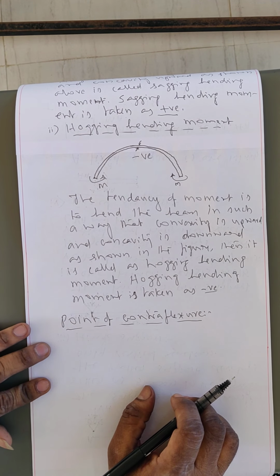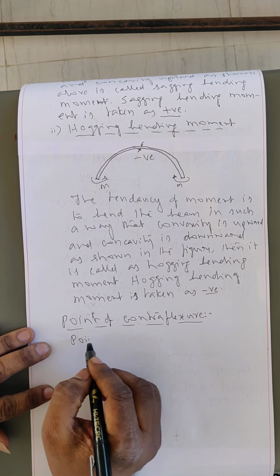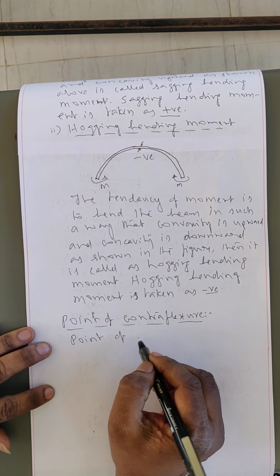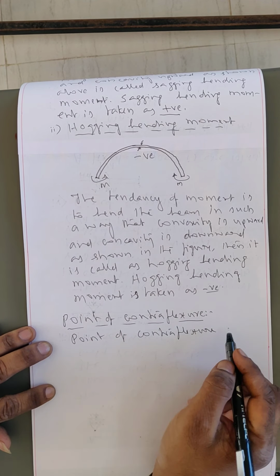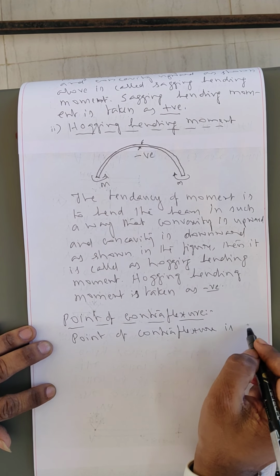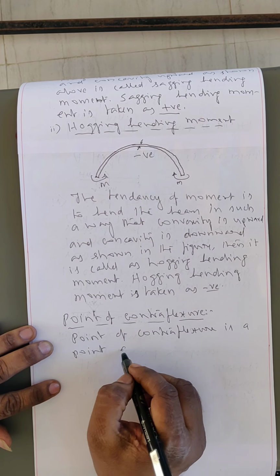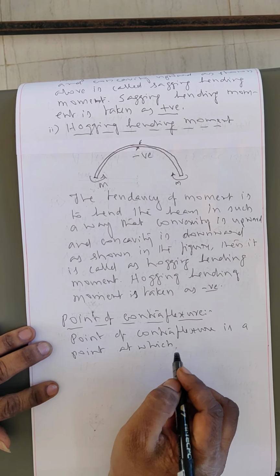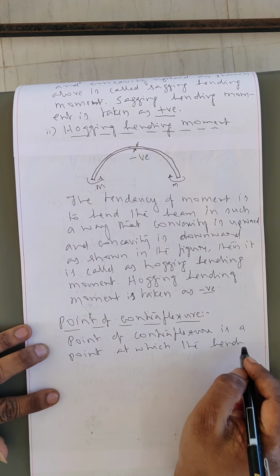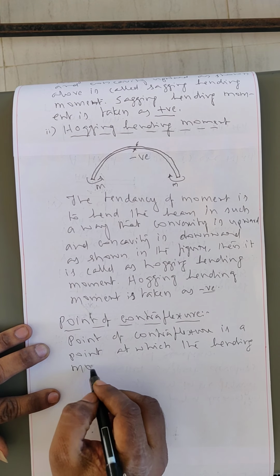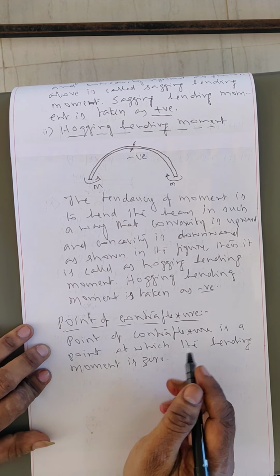A point of contraflexure is a point at which the bending moment is zero.